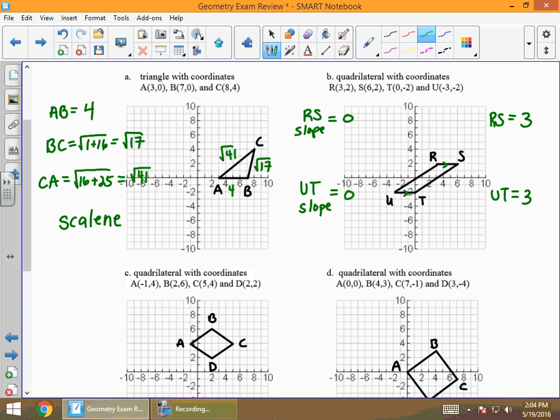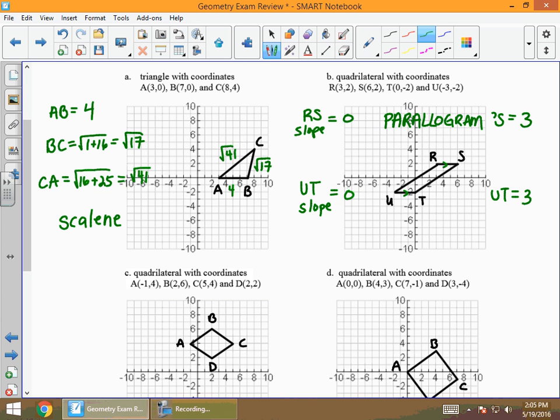And I know one of my theorems says that if one pair of opposite sides of a quadrilateral are both parallel and congruent, then this thing is a parallelogram. So it's a parallelogram.